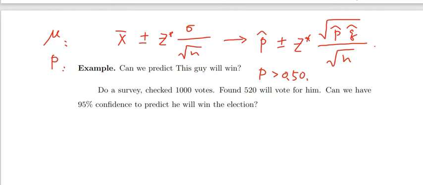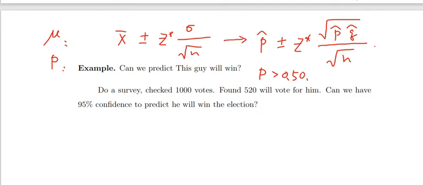But here we make things simple: only two candidates, and everyone will vote, yes or no. If the guy's proportion is more than half, he will win, right?